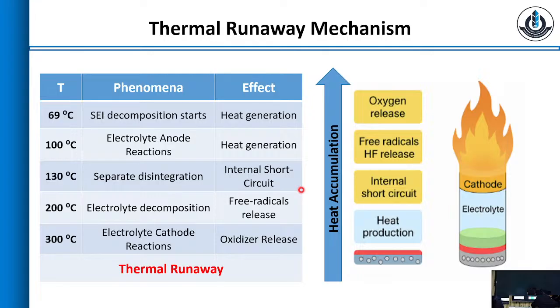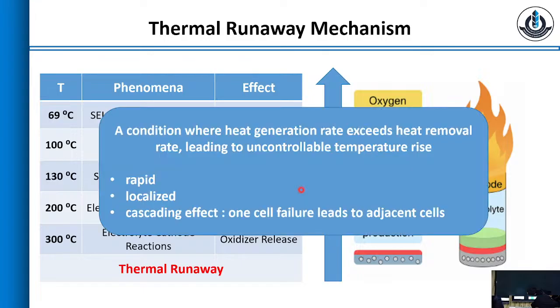So inside this closed canister, now you are developing pressurized gases, which are also combustible. At a certain time, once the pressure exceeds the holding pressure, you will basically start venting out, creating a high pressurized jet, which is again a gas jet, which is again flammable because you have all sorts of hydrocarbons and oxygen oxidizers coming out.